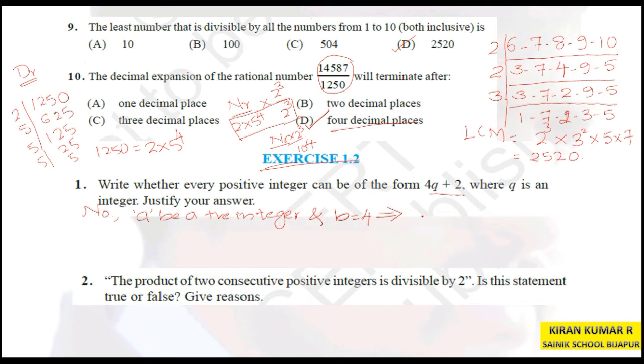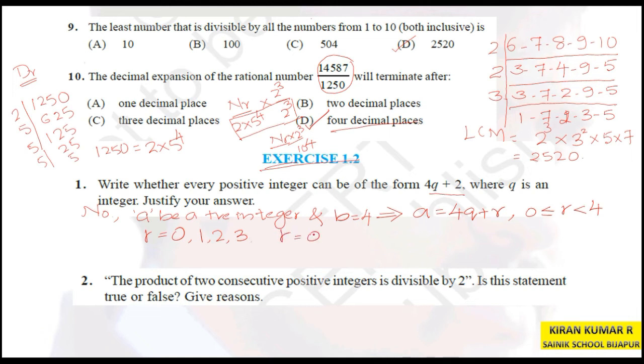This implies a can be written as 4q plus r, where the condition is 0 less than or equal to r less than 4. So r will take the values either 0 or 1 or 2 or 3.